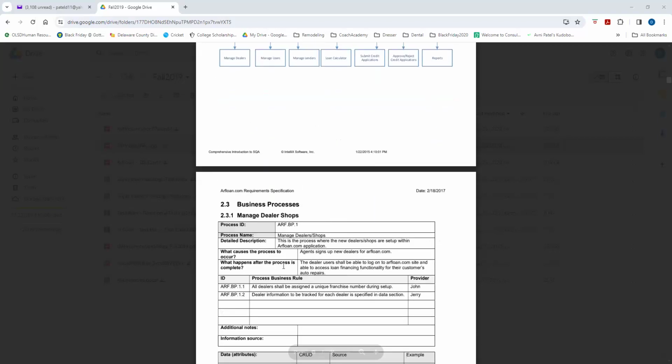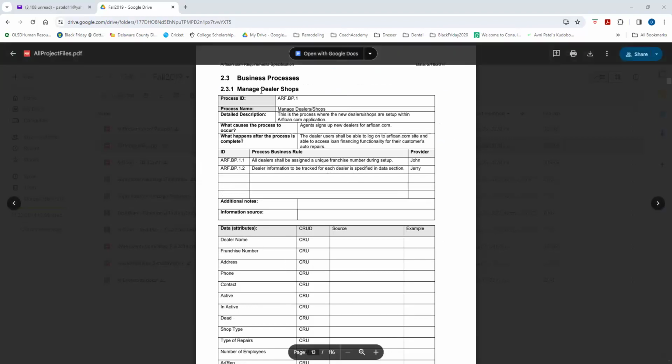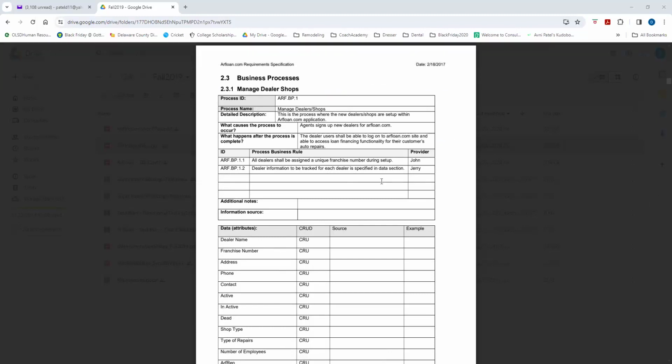Okay. Then the next section is going to talk about the business processes, right? What are the business processes the business is going to use with the system, at what point they'll get invoked, what will be the outcomes, and what are the business rules that need to be followed? So this one is an example of how somebody's going to manage the dealer shops within the system.